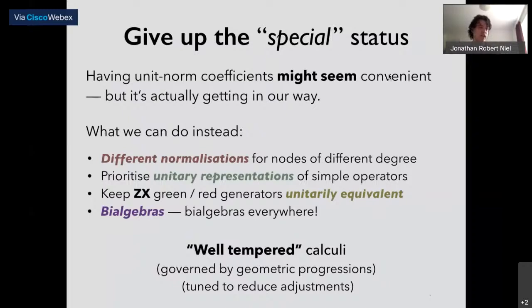But bialgebras are the ones that have basically not quite come to the fore in these existing presentations. I'd like to have bialgebras on the nose in these calculi. And in order to convey what I'm looking for, I've called these well-tempered calculi. They're governed by a nice geometric progression in their semantics, and they're tuned to reduce adjustments when you're actually performing with them.